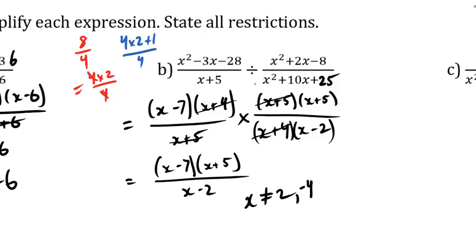And I was also dividing by x plus 5 up here and x plus 5 up here, so it also can't equal negative 5. Anything else? That takes care of that. I think that's good. So it's not just in the last step, or just after you flip and multiply. It's any time you were dividing by something that could be 0, that's a restriction.